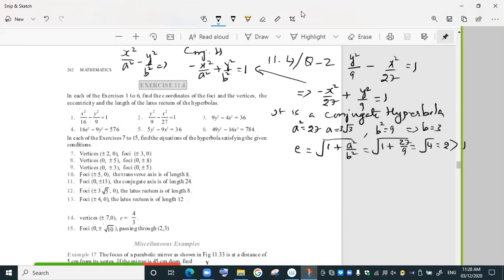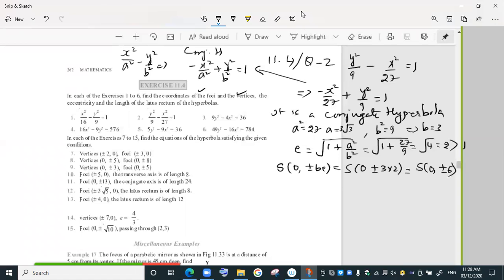Then coordinates of foci will be equal to 0, plus minus b e. Here b is 3 and e is 2. B into e is equal to 6. So coordinates of foci are 0, plus minus 6.